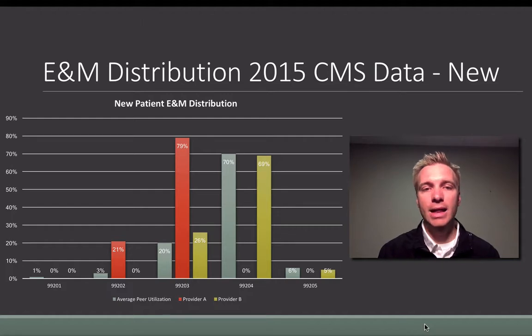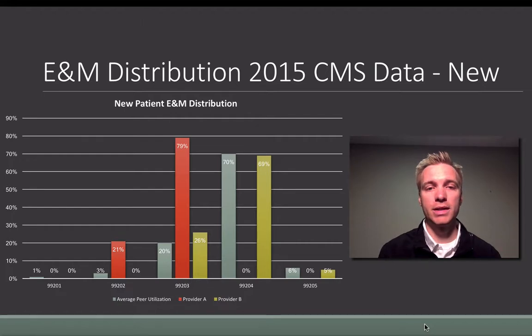So if you're outside of the boundaries here, if we look at provider A, they look way more suspicious in terms of auditability because 79% of their new patient examinations are level 3 compared to provider B, who uses significantly more level 5 and level 4 codes for their new patients. But they're much more in line with what you would expect to see based on national averages.